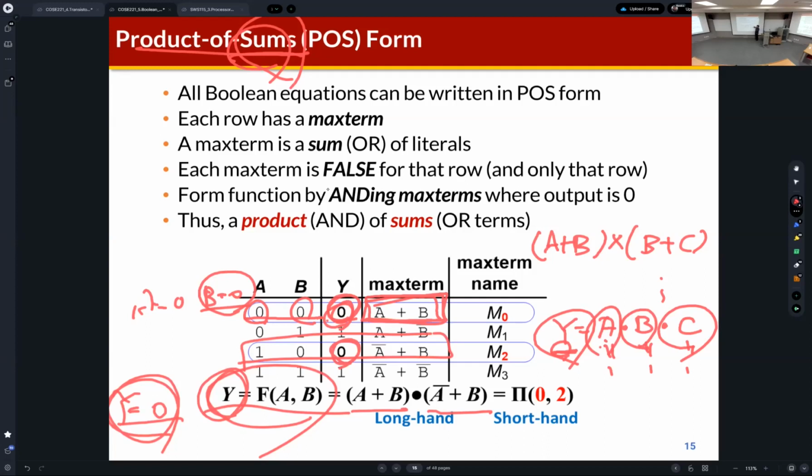We focus on how to make y 0. Okay, you need to understand this. So POS form. So how to make y 0? Okay. So in order to make y 0 using A and B and C, you can think one of these terms needs to be 0, right? So you can think inversely.